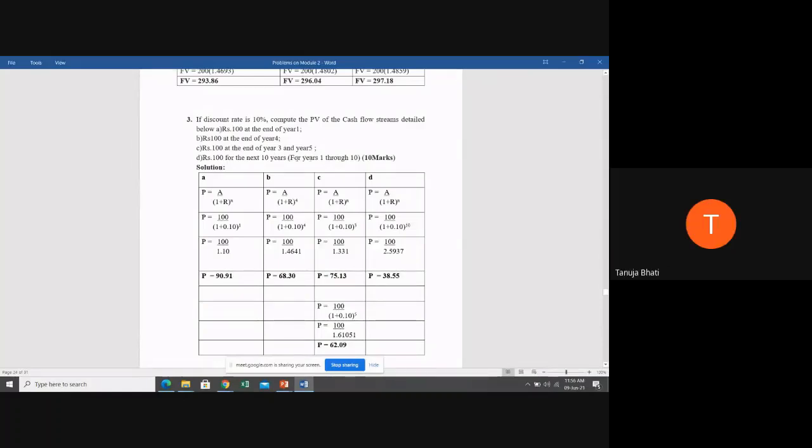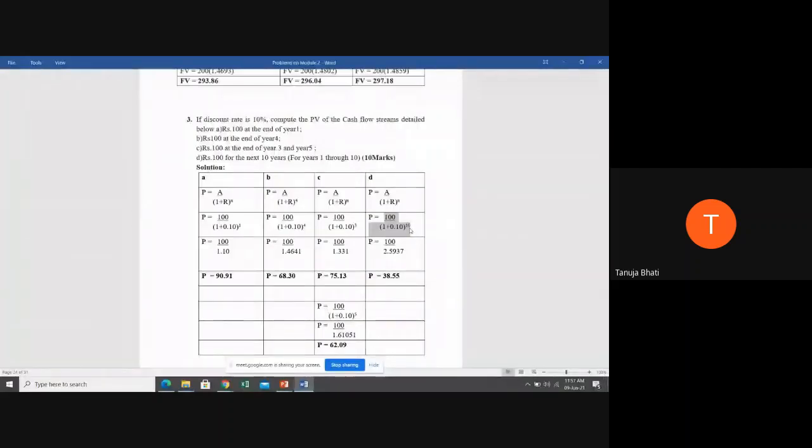Yeah, see, the B question becomes 1 to 4 years. This becomes 1 to 3 years. When this wording is used, for years 1 to 10, it is like from year 1 to year 10. So from the first year if you keep on going, it will be up to 10 years.